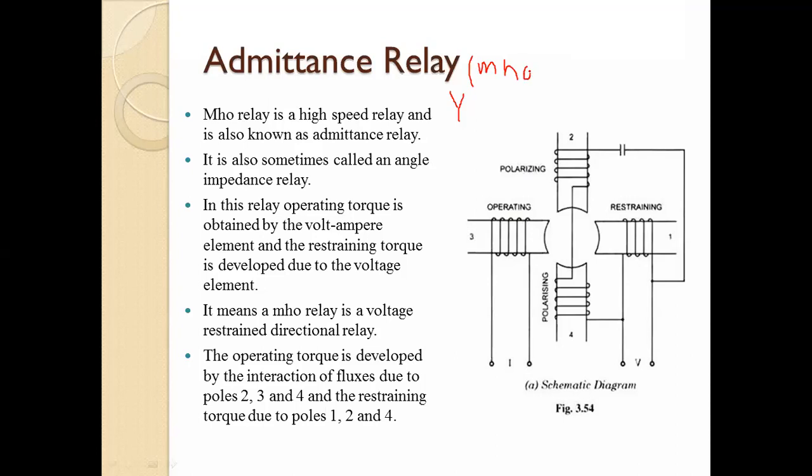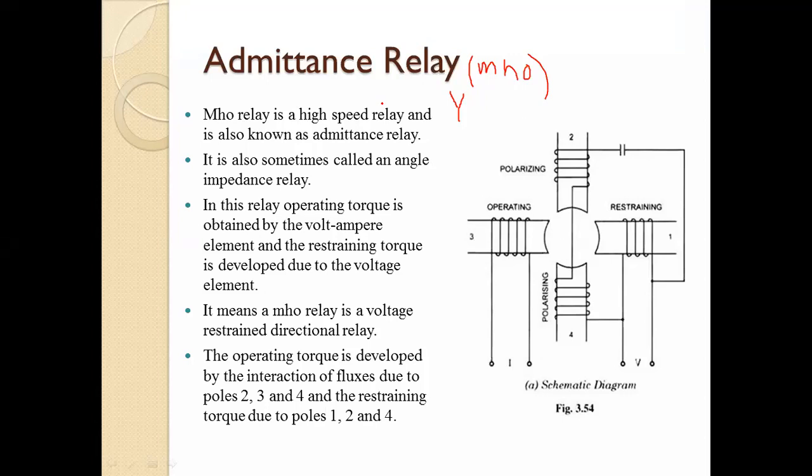Therefore it is also called the mho relay. This mho relay is a high speed relay, and it is also called the admittance relay. So there are two names, admittance relay or mho relay, and it is a high speed relay.